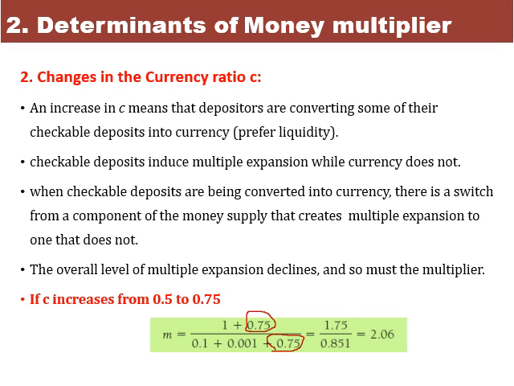When the currency ratio increases from 0.5 to 0.75, the value of the multiplier declined from 2.5 to just 2.06. This means that when the currency ratio increases, the value of the money multiplier decreases. So we have a negative relationship between the currency ratio and the money multiplier.